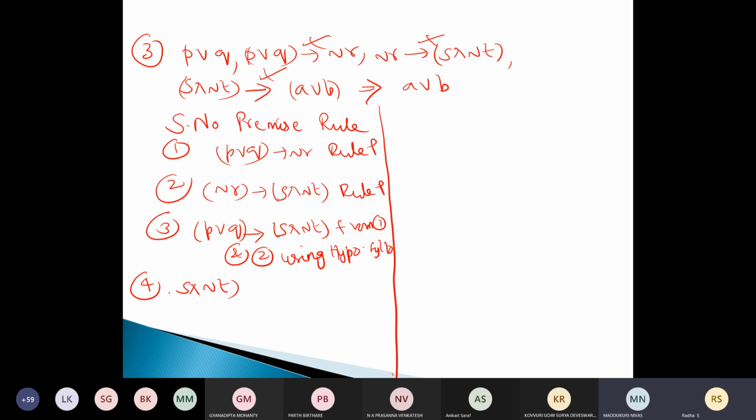S and not T tends to A or B. Rule P again. Again use 3 and 4. So P or Q tends to A or B from 3 and 4 using hypothetical syllogism again.